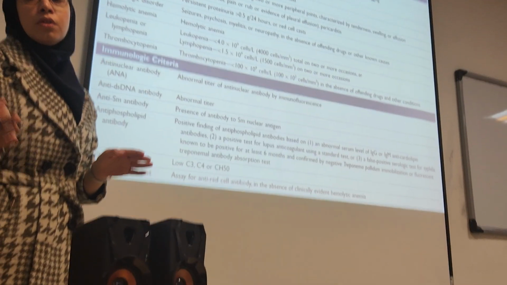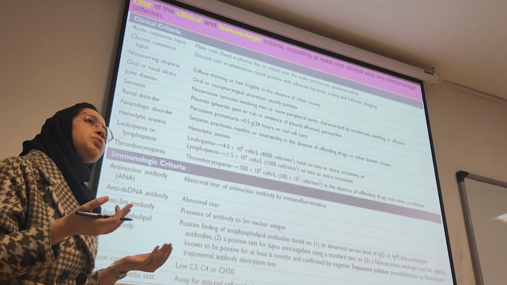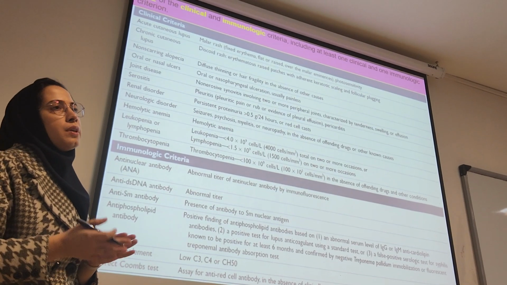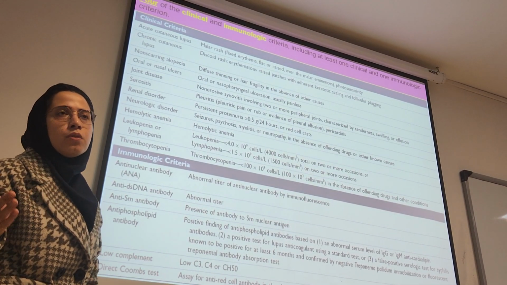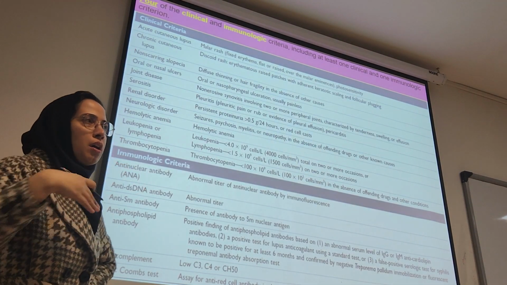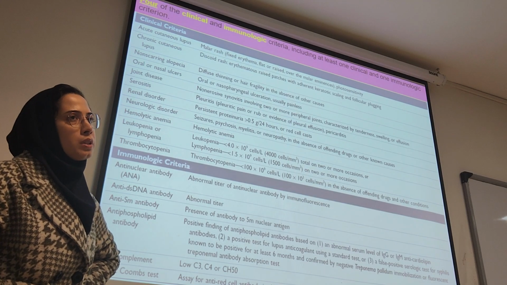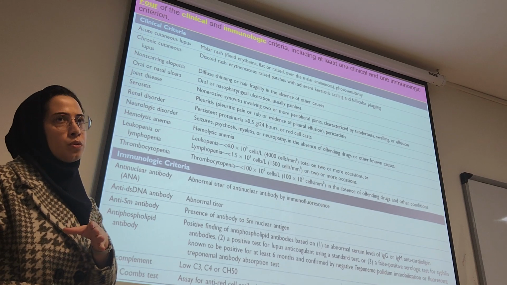What are the clinical criteria? For lupus, you have some symptoms related to skin. You have some skin signs, for example, acute cutaneous lupus, which is in the form of a malar rash. I will show the picture later. You have discoid lupus erythematosus, or chronic cutaneous lupus.